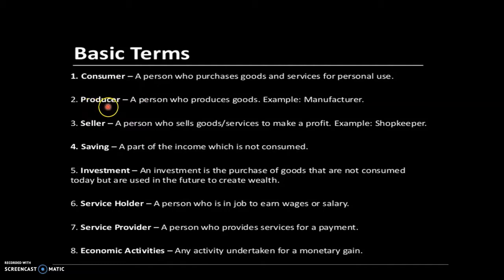Then who is a producer? A person who produces goods is known as a producer. For example, manufacturer. Then next one, seller. A person who sells goods and services to make a profit is known as seller. For example, shopkeeper.